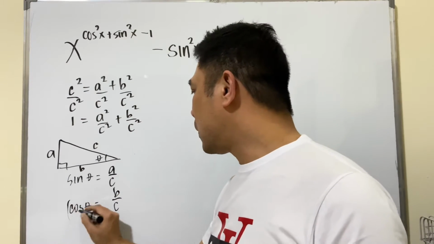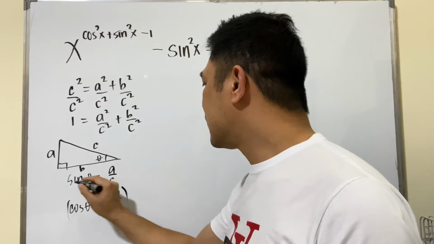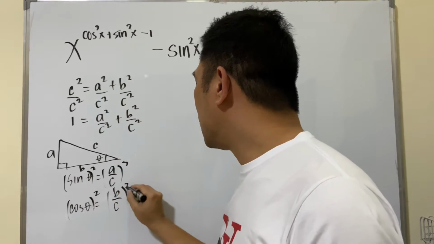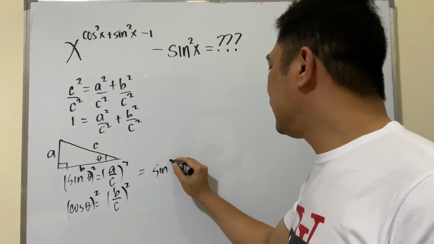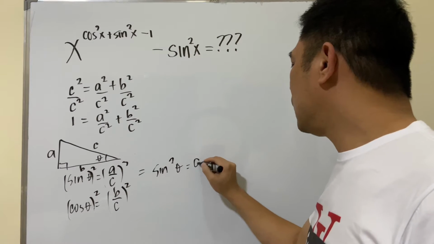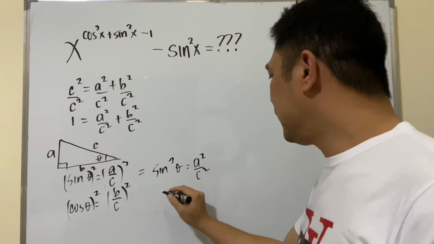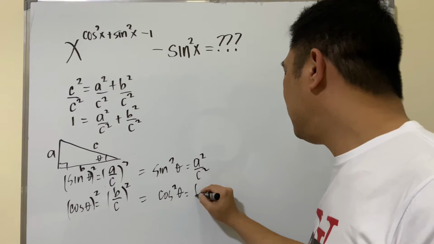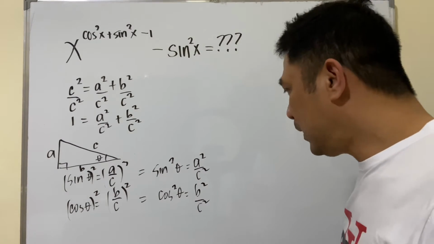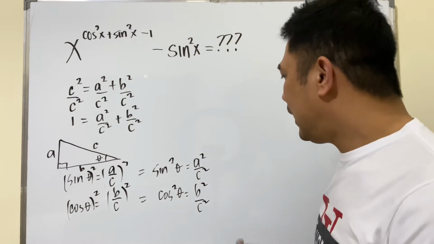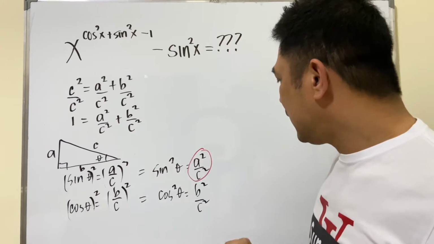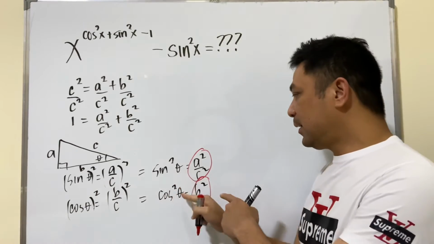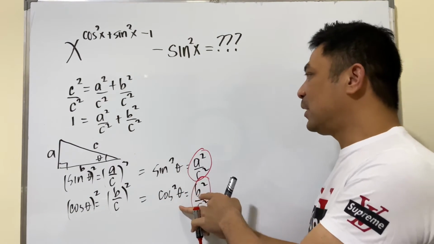So if I square this and square this, what we have here now is sine squared theta equal to a squared over c squared, and cosine squared theta equal to b squared over c squared. As you can see, a squared over c squared and b squared over c squared are sine squared theta and cosine squared theta.